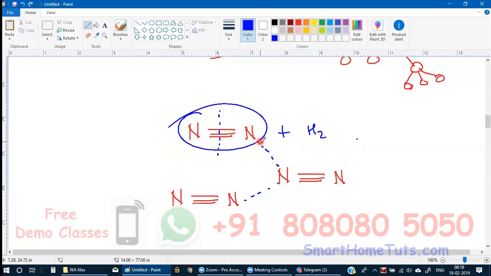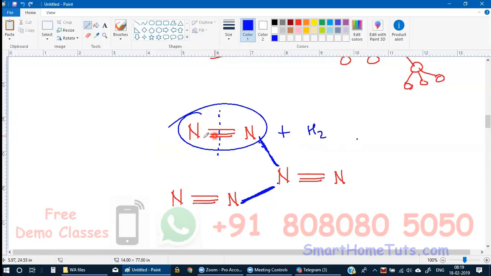Intermolecular force is between neighboring molecules. This is called intramolecular force of attraction, but that's not important. At present, you have done only intermolecular forces, between neighboring molecules.